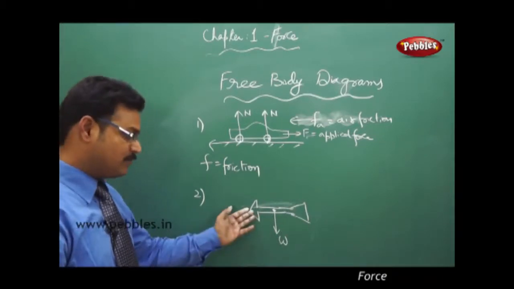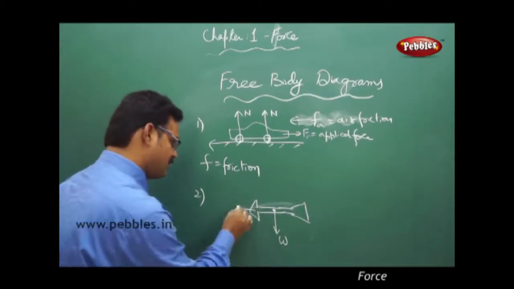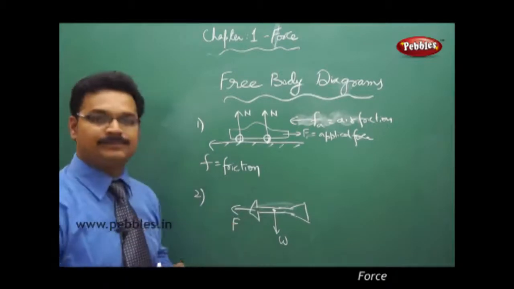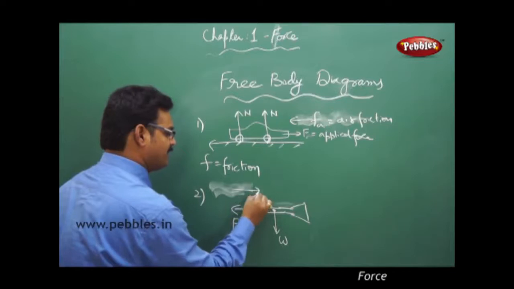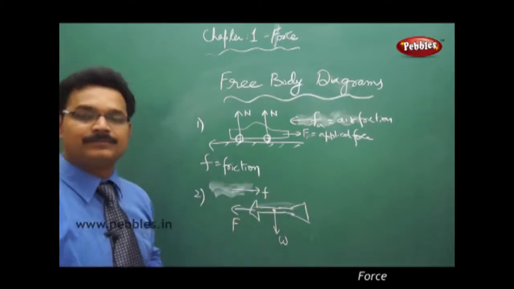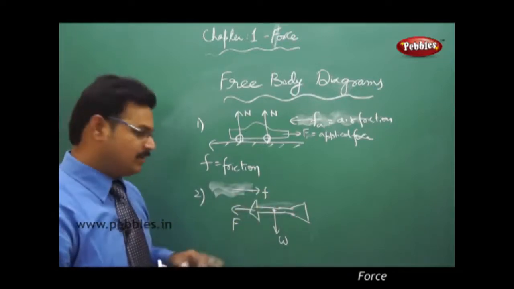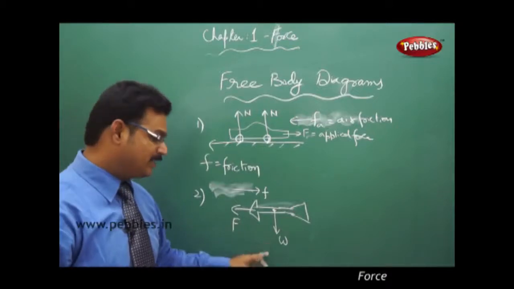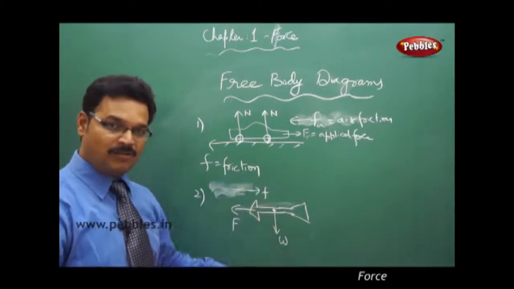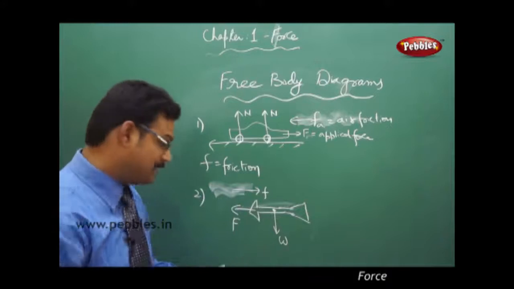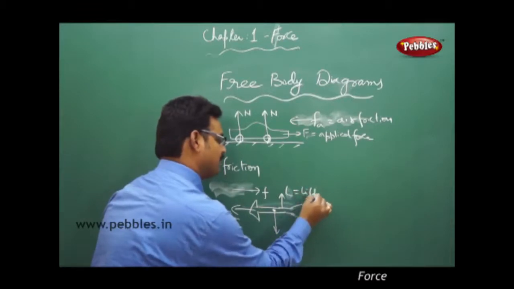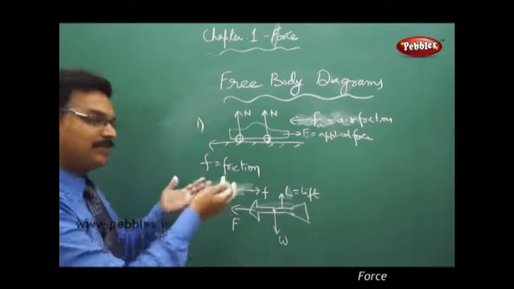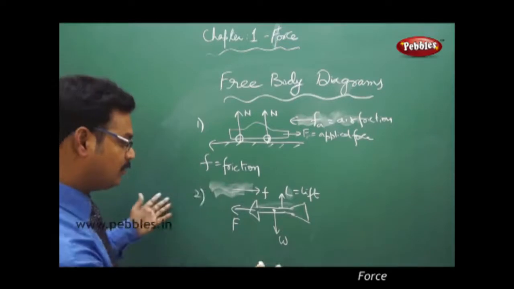As it is moving, suppose it is moving in this direction, so in the forward direction it has force, applied force. And on this side you have the air, so you have air friction, F. You have air friction, you have forward force, you have weight. Because of weight, this rocket or airplane has to fall, but it's not falling because there is another force acting which is called lift. Lift force. Air lift, it pushes up. And that's all. Those were the forces.